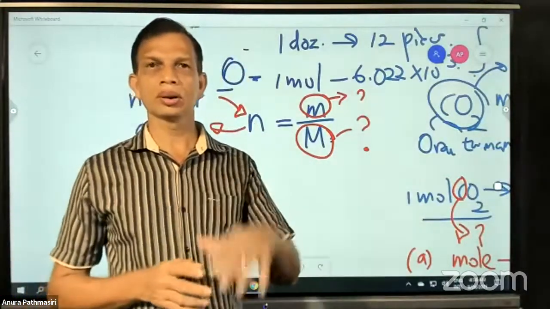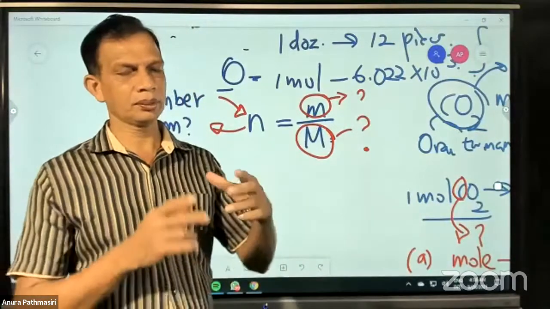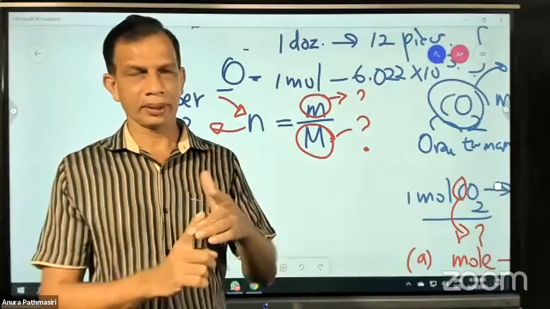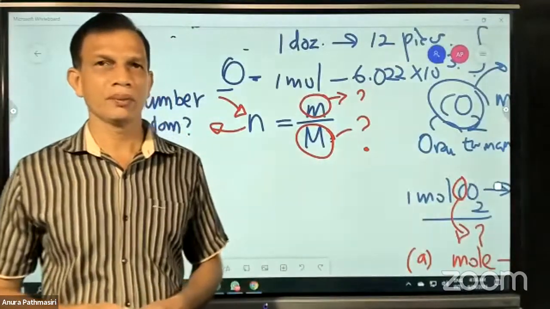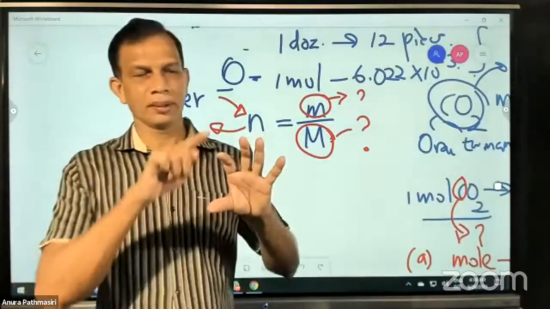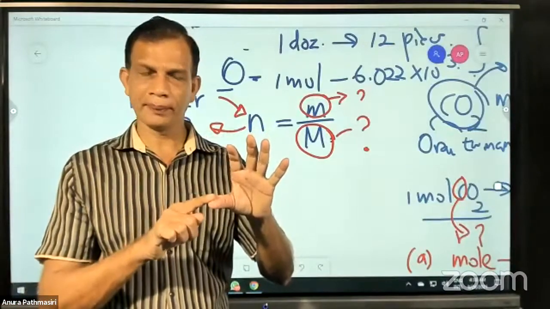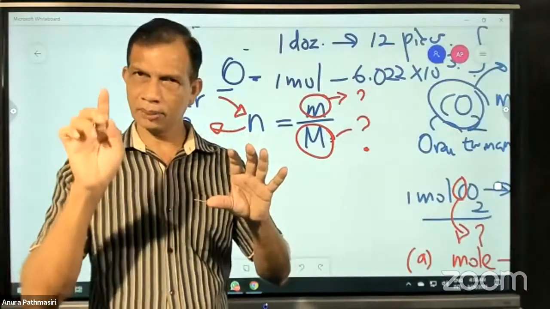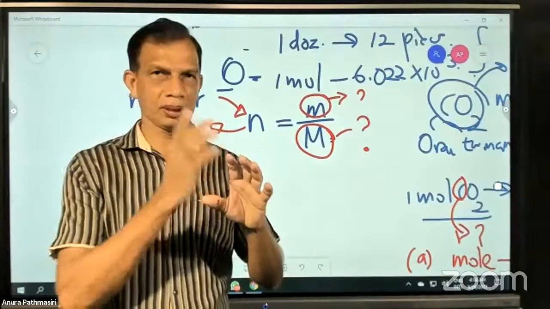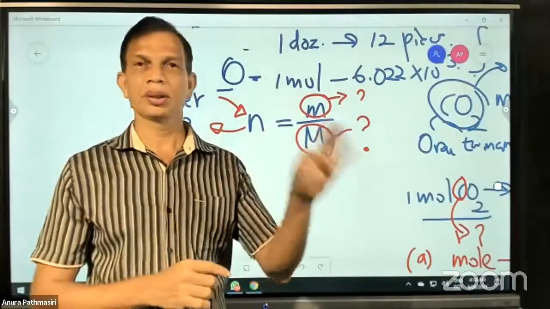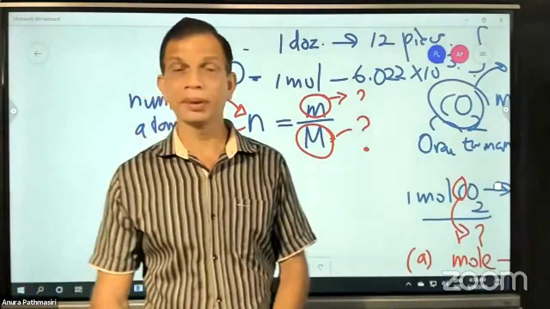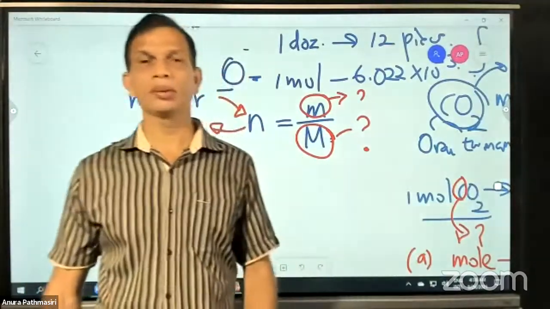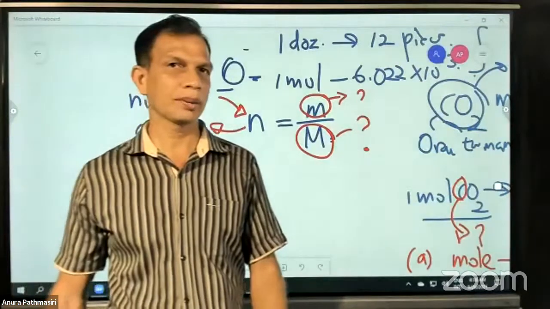Counting the total number is a problem. So what we could do is just measure 100 gram and count the number of papers. If 1 paper is 1 gram, then you have 100 pieces in 100 gram. Avogadro found out that relationship.